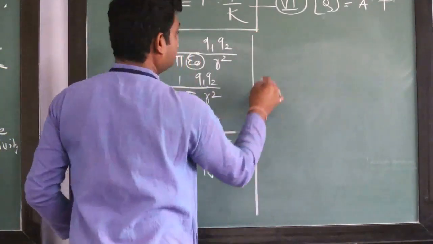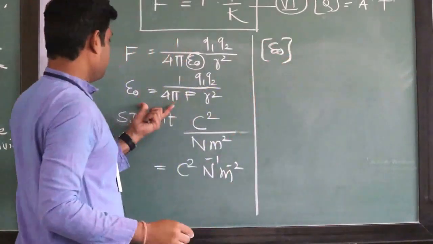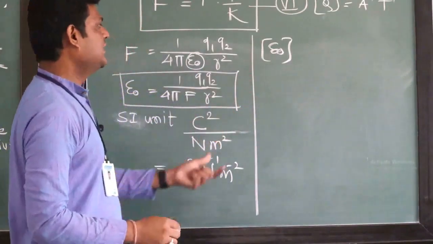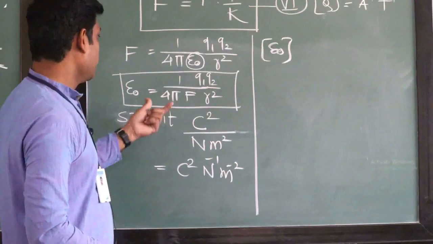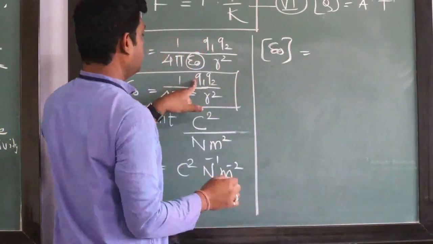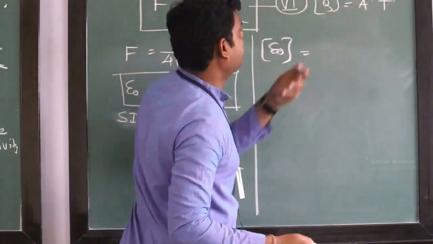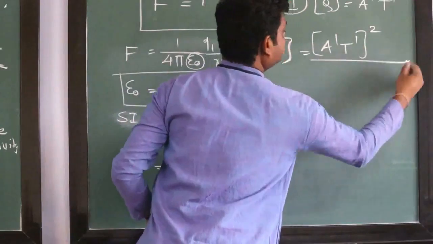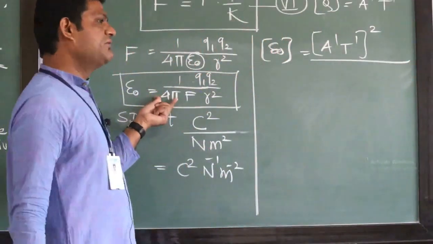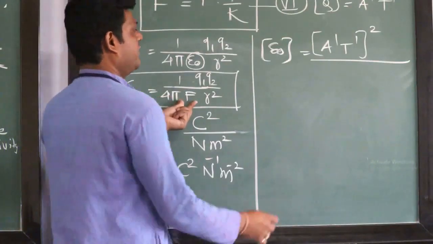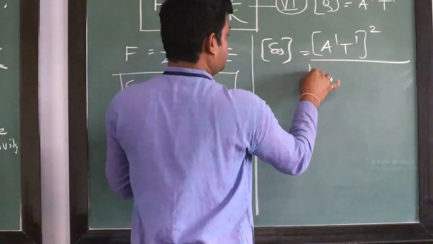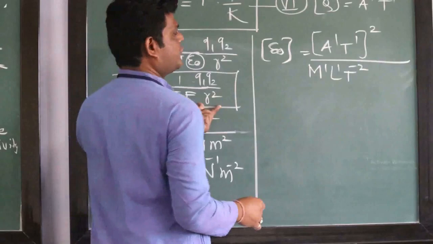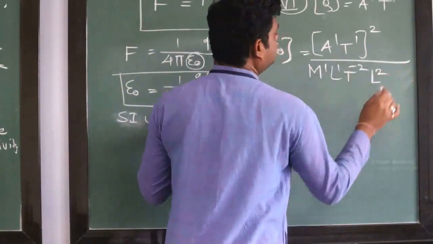Now, the dimensional formula for epsilon 0. From this equation, we are going to calculate it. Already we solved the dimensional formula for charge, that is A raised to 1 T raised to 1, 2 times, divided by 4 pi, a constant term, which is why we are not writing its dimensional formula. F means m into a, so M raised to 1, acceleration L raised to 1 T raised to minus 2, and r square, that is L raised to 2.